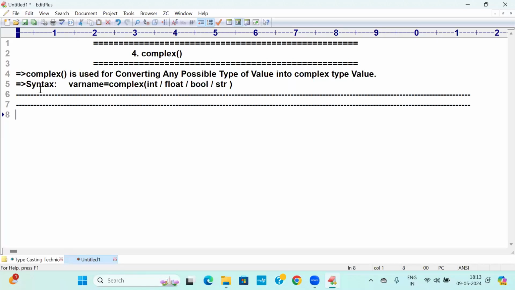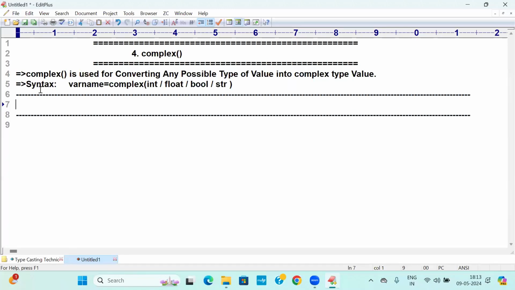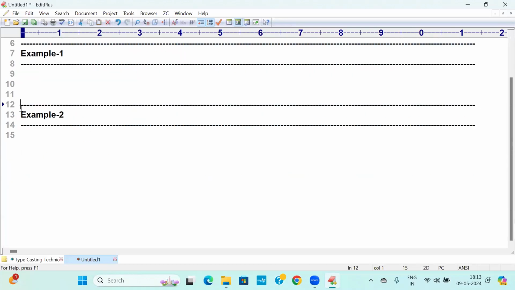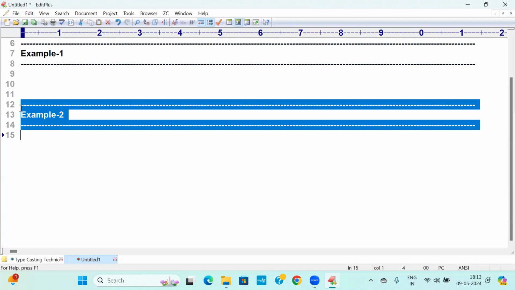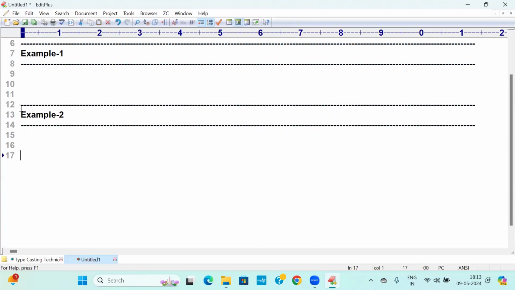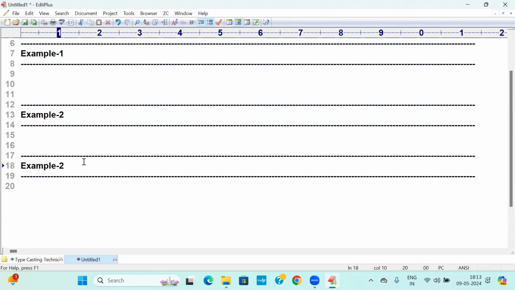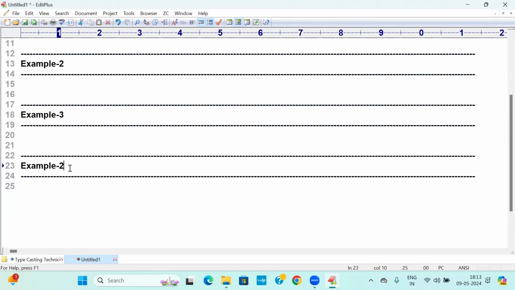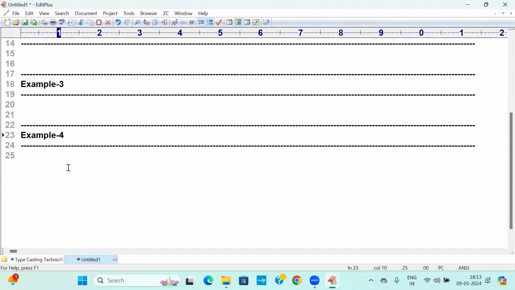So let me take example 1 and example 2, and like that example 3 and 4.